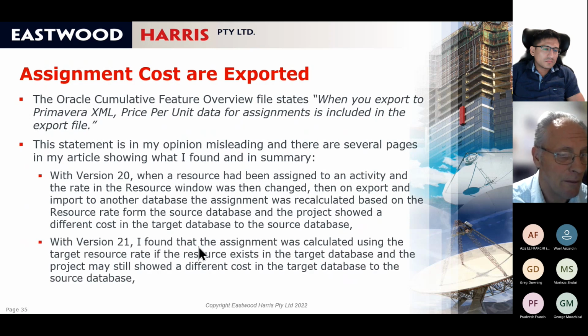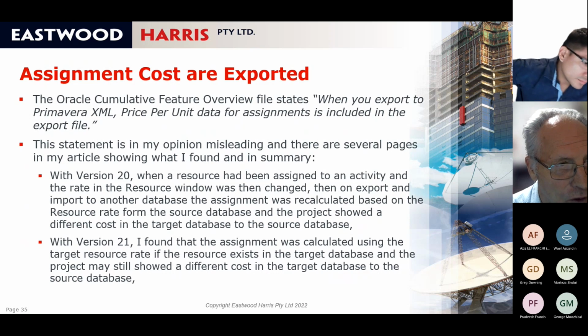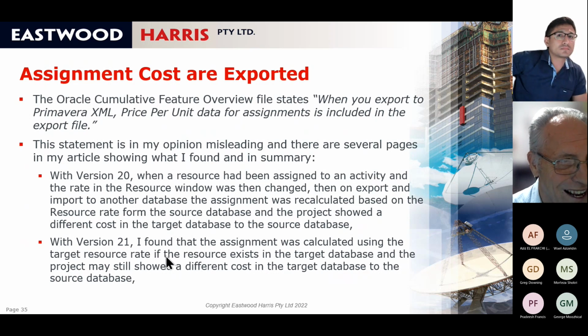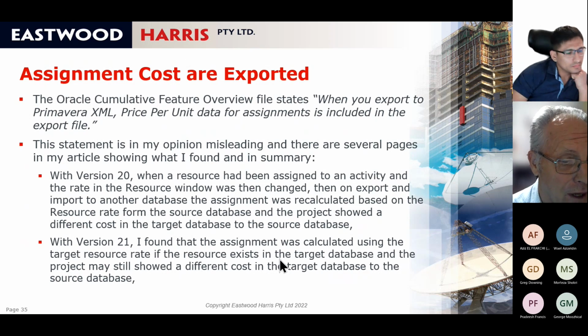In version 20, I found that when you exported an XML file and imported it into another database, it recalculated the resource cost based on the rate in the target database if it had one. That doesn't seem to make sense to me.